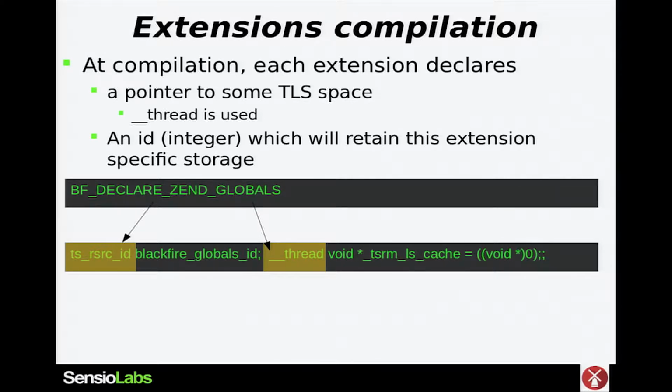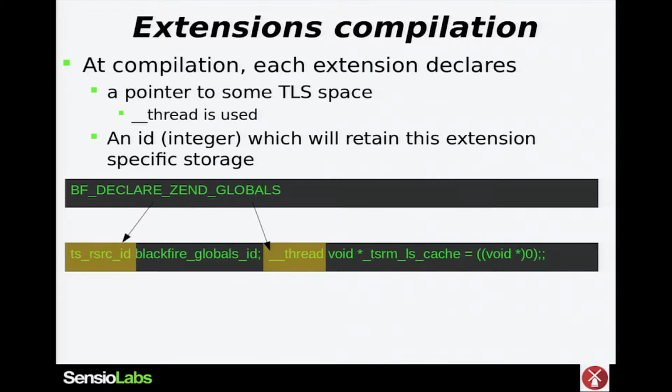And this memory area is bound to the future current thread, because we are just about compiling our extension. We don't use it yet. And this special area we're going to see will retain the global variables of every extension of the full PHP image for that thread.